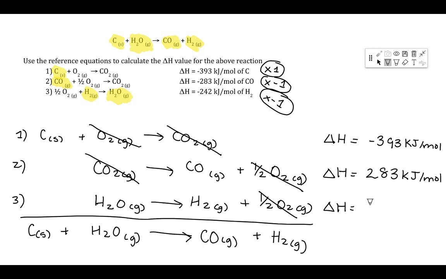So instead of it being negative 242, it's going to be positive 242 kilojoules per mole. I'm going to show those symbols here just so that it's obvious. And because all of these equations added up to give me that target equation, I can add up all these delta H values to give me the delta H of this reaction. And the answer is positive 132 kilojoules per mole.